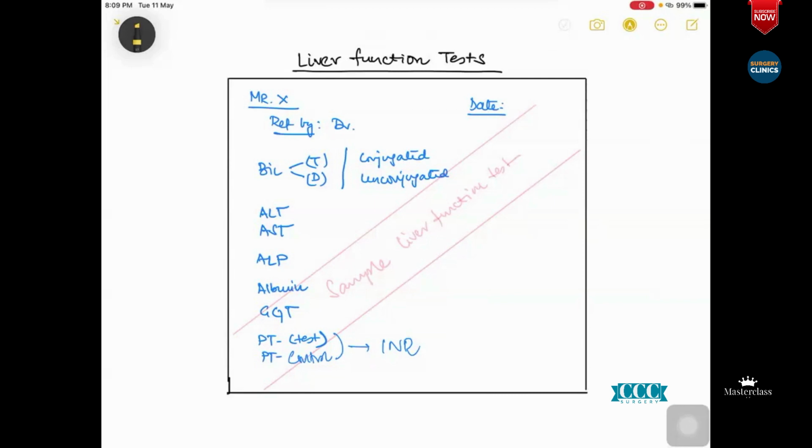So, when you request a liver function test, say in your hospital or any lab, you get a report like this, isn't it? You get a report with the name of the patient, the date, the referring doctor, and all of these parameters written on the piece of paper, and you'll have a normal value given over here.